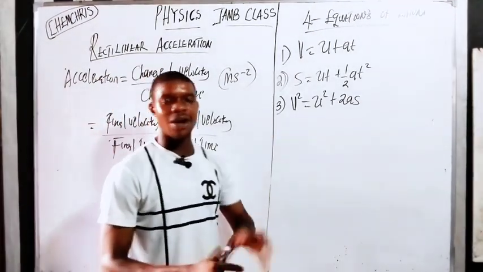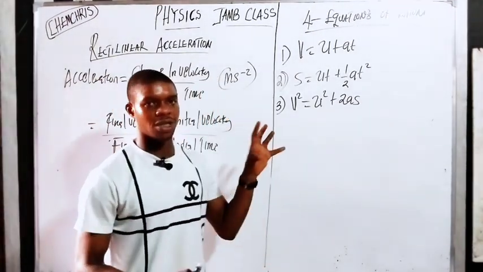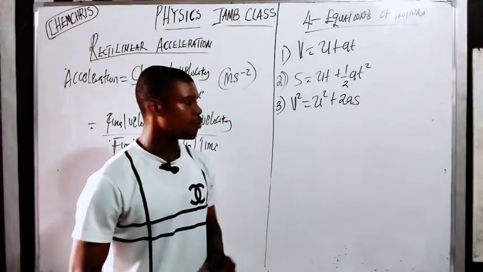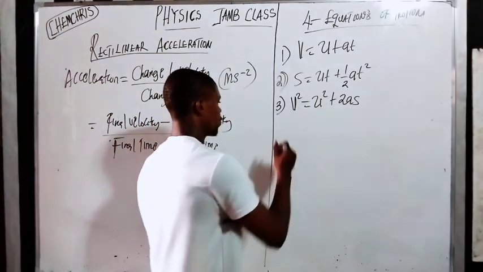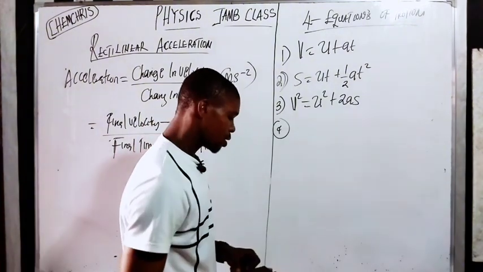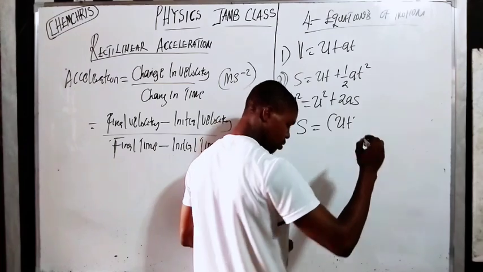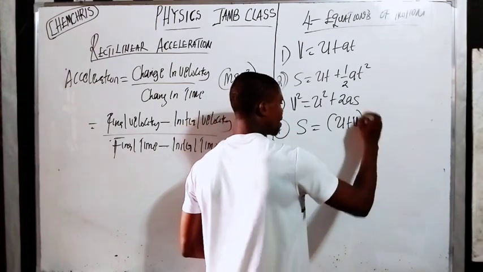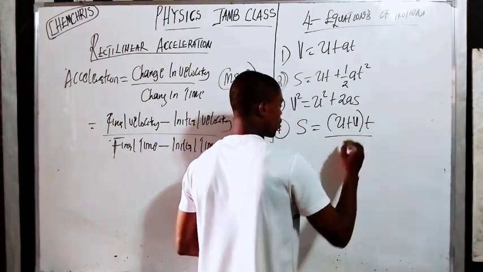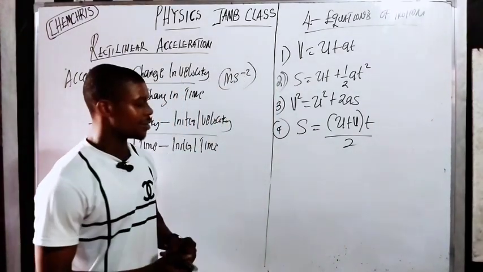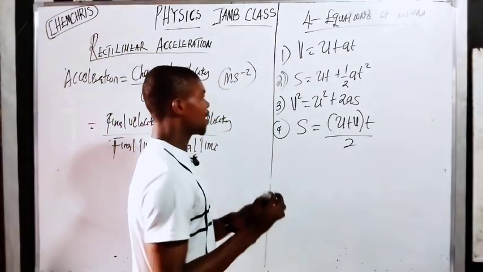You will see how we are going to use this squared equation to tackle problems. Then number four is x equals (u plus v)t over 2. Very important here.